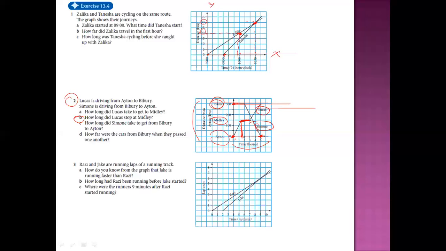And the last question, D: how far were the cars from Bibury when they passed one another? I need the map of their journeys.